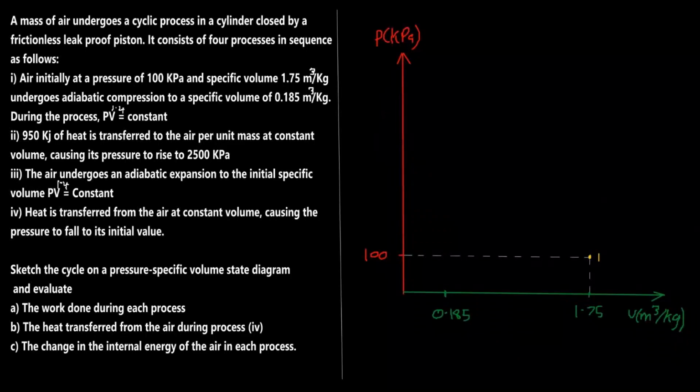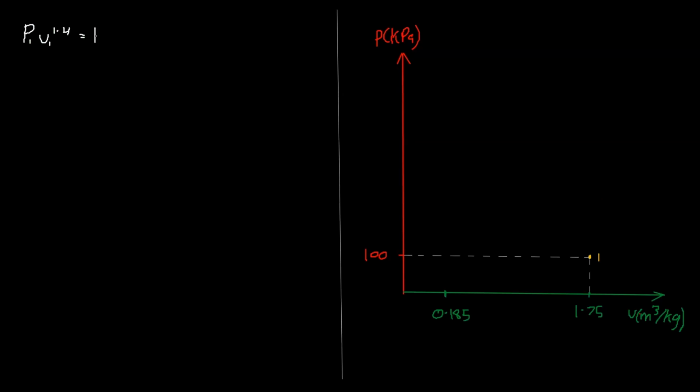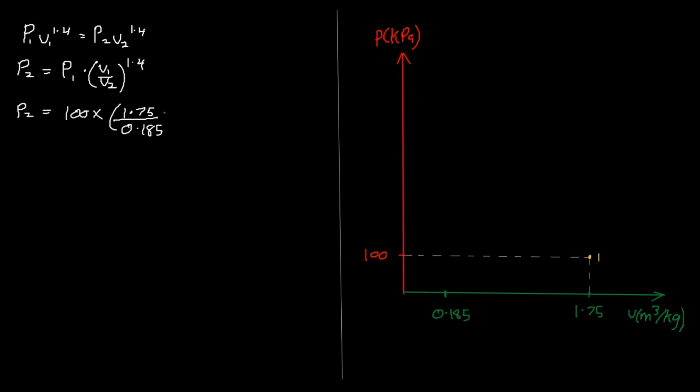To find its pressure at this state, we can say P1V1 to the power of 1.4 equals P2V2 to the power of 1.4. So P2 equals P1 times V1 divided by V2 to the power of 1.4. And from this, we get P2 as 2,323.9 kilopascals.